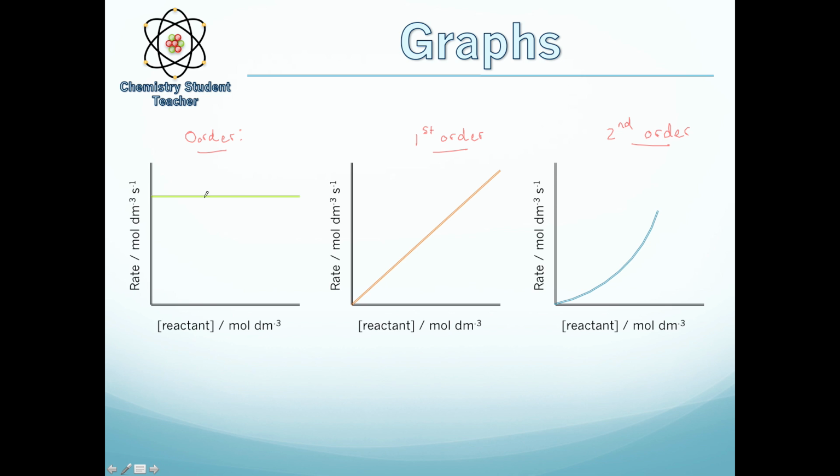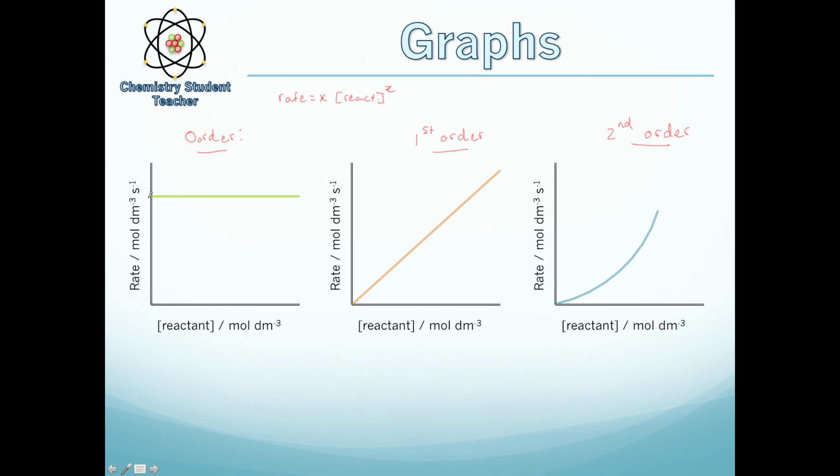Well, here we've got a constant rate, so if you remember, rate equals K times by a reactant to the power of X, so it could be 0, 1 or 2, or it could be higher, but in terms of A level you won't go above 2.